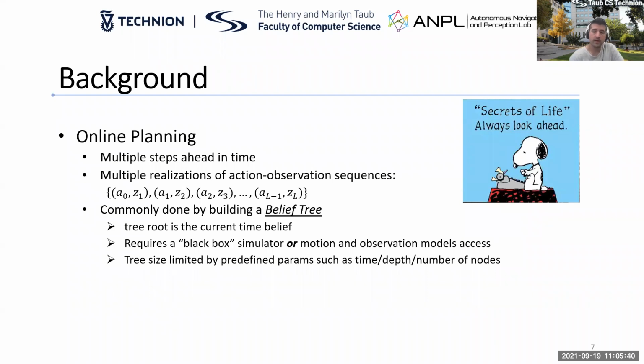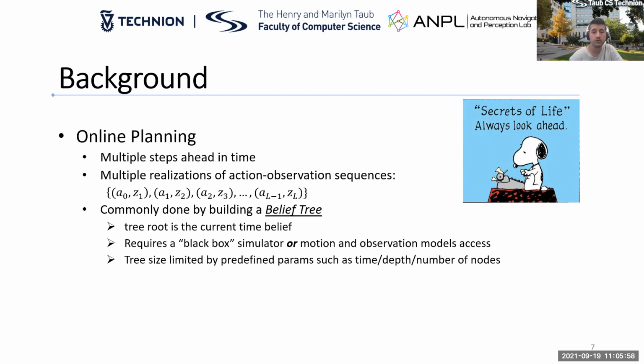In the online planning setting, the agent, starting from his current state or belief, needs to consider multiple future trajectory realizations. In our setting, a single trajectory is defined by a sequence of actions and observations needed to update the belief.